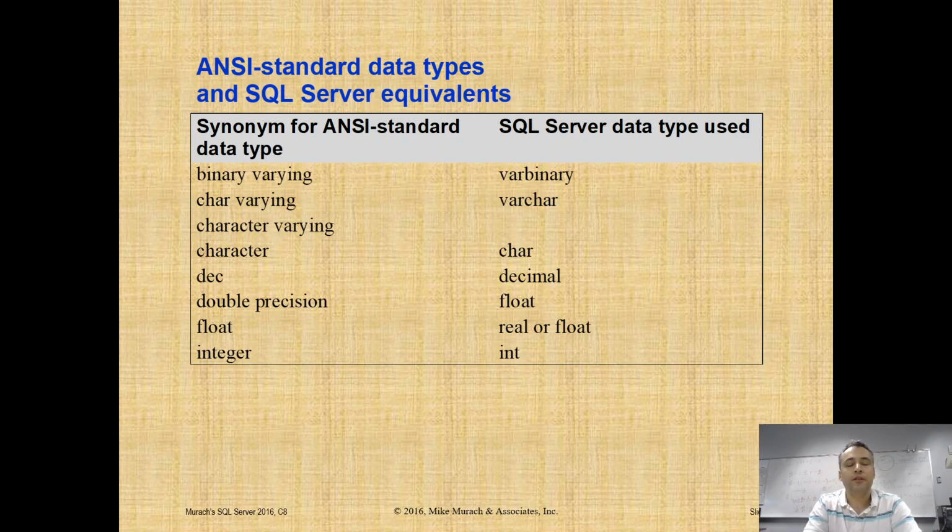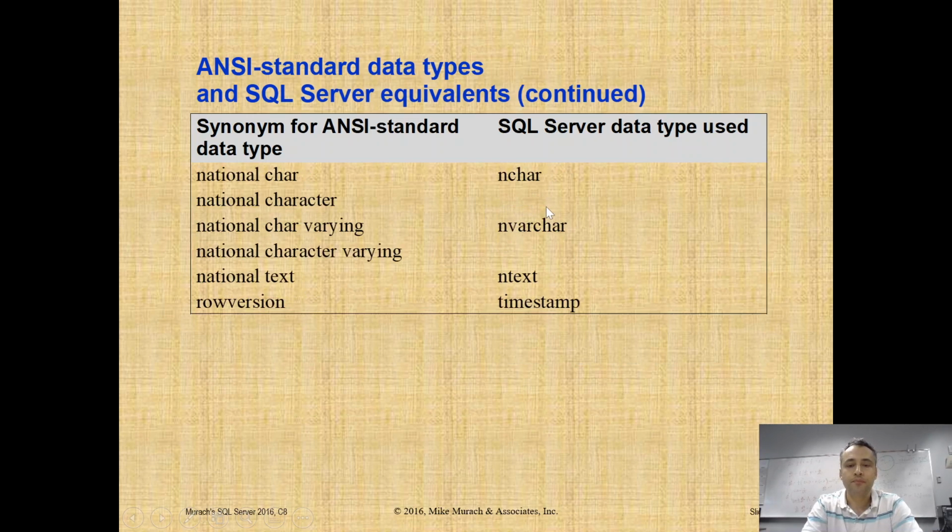Sorry, varbinary is the data type for binary data. Varchar, char, nchar, and nvarchar are for strings. The difference between varchar and char is that char has a fixed size in bytes for strings, and varchar is for variable length strings.